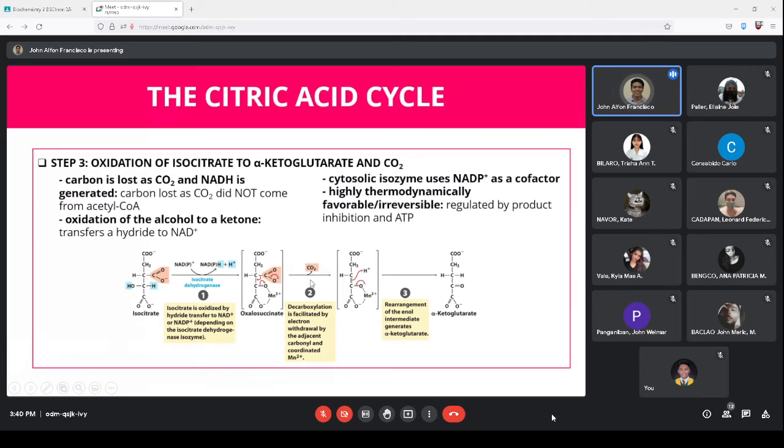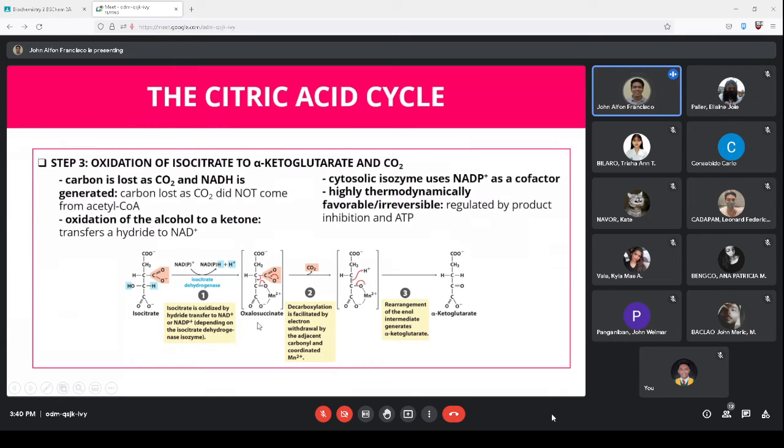Naka-release na yung carbon dioxide mo and since this is an unstable compound, mas prefer niya na yung oxygen will be in stable form. Mag-move yung electron mo to capture another proton to form your alpha-ketoglutarate. So yung nangyari dito, yung isocitrate is oxidized by NAD+ or NADP+. It depends kung ano yung enzyme, the dehydrogenase isoenzymes, kung saan siya mangyayari.